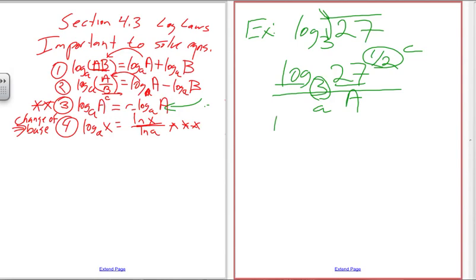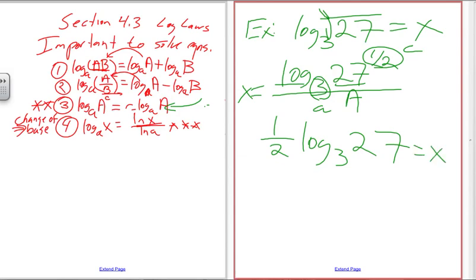So I'm going to have 1/2 log base 3 of 27. That equals x, by the way. We're trying to solve for x.